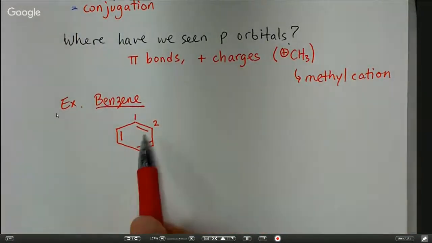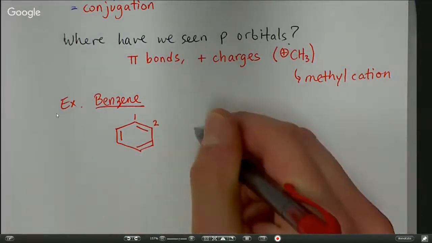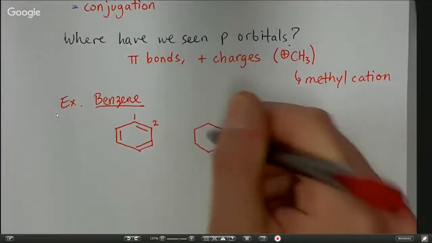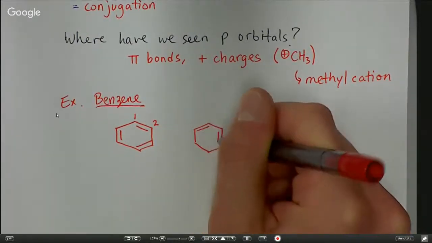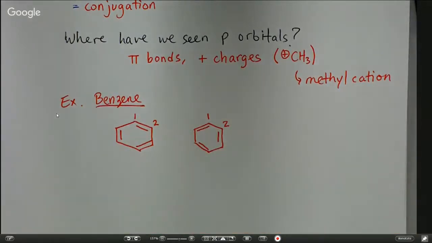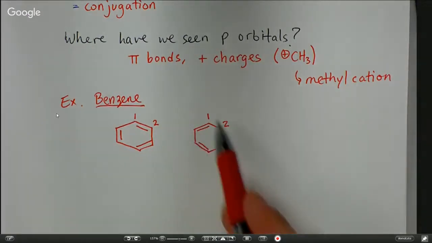And we see that there is a double bond between 1 and 2. There also exists another benzene structure that looks like this, where I keep my carbons 1 and 2, but instead of there appearing to be a double bond between 1 and 2, it's actually the carbon before 1, or what would be carbon 3 right here.